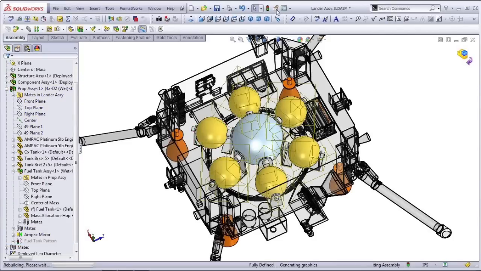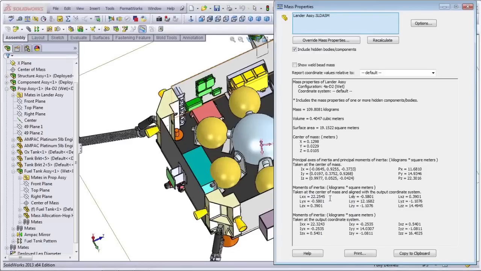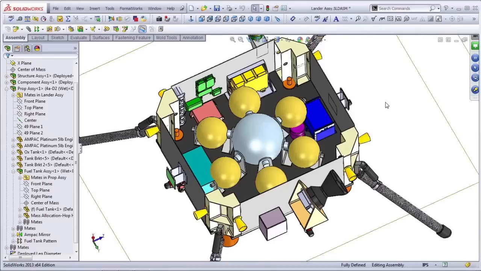I update my assembly, and then I can rerun my mass properties, and you will notice now that because I have fuel and tank mass associated with each of those parts in that pattern, I now have an updated mass moment of inertia about the x-axis of 22.3 kilograms per square meter. So it's a very cool working concept. This can also, of course, apply to coming up with the final configuration of the vehicle.